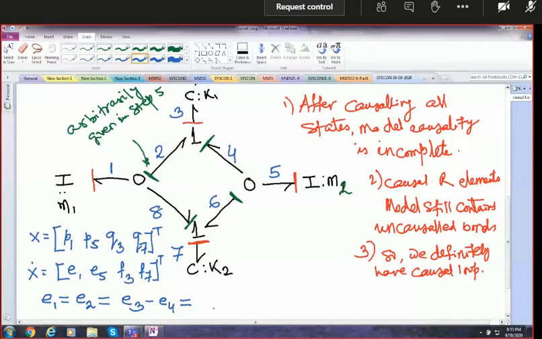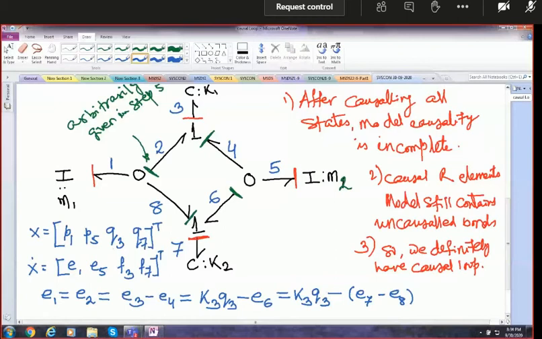At the bottom one junction, we have E6. According to the power direction, it is E7 minus E8. And E7 is K7Q7.